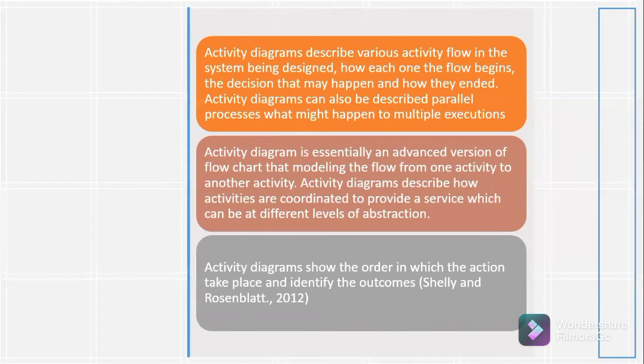An activity diagram is essentially an advanced version of a flowchart that models the flow from one activity to another activity. It describes how activities are coordinated to provide a service, which can be at different levels of abstraction. Activity diagrams show the order in which the actions take place and identify the outcomes (Shelly and Rosenblatt, 2012).